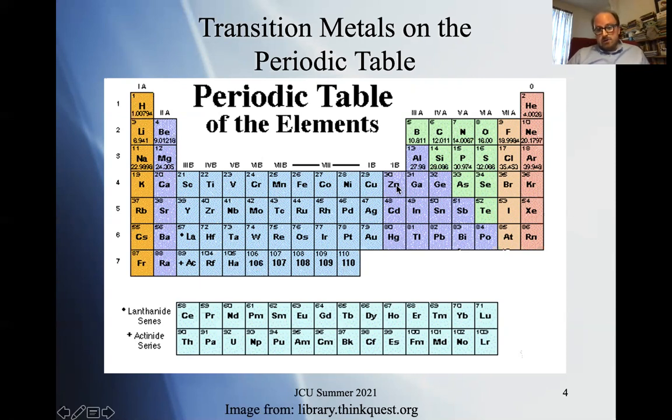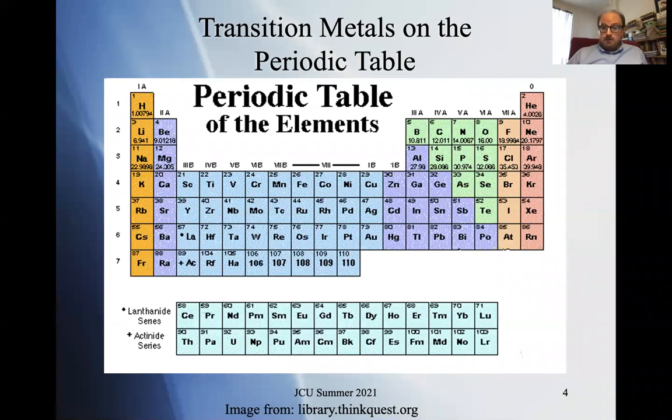But the important thing is that zinc, cadmium, and mercury are color-coded with the P group metals. So in terms of the organization, we have S metals, we have transition metals, and then we have P metals.